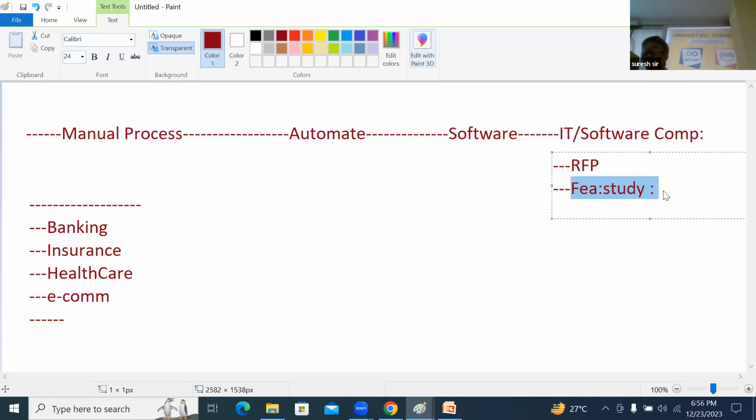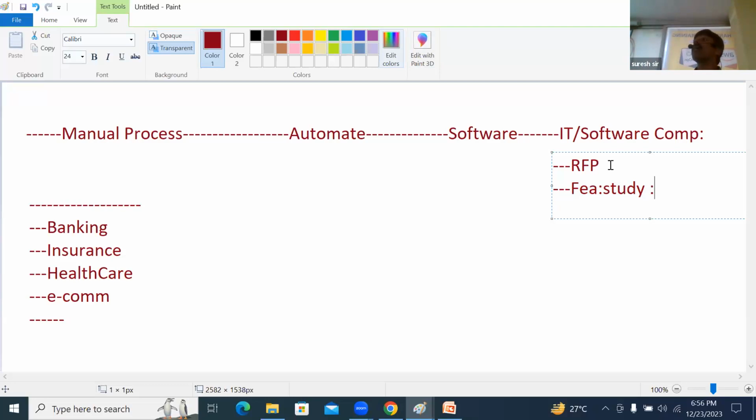That means 100% automation will never be possible. Because of that, IT companies have to take care about what the possibilities are and decide how much of the process we can automate.